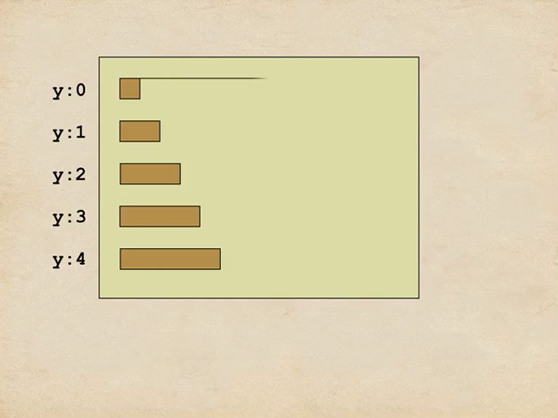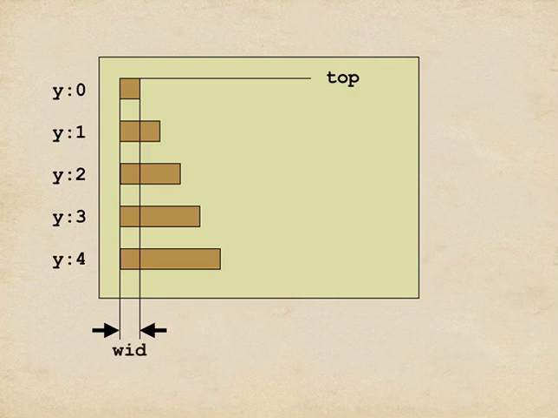I'll create a variable called top, and that tells me the vertical location of the top of each bar. I'll also track, as we saw, the width of each bar, and I'll keep that in a variable called wid. So these are the 3 variables we care about. y, which tells us which line we're drawing, wid, which tells us the width of the bar, and top tells us the top of the bar.